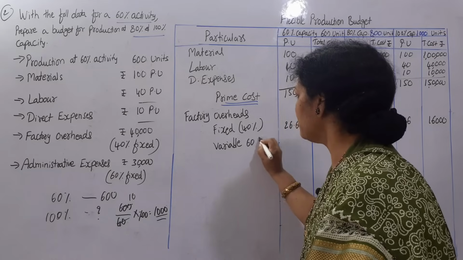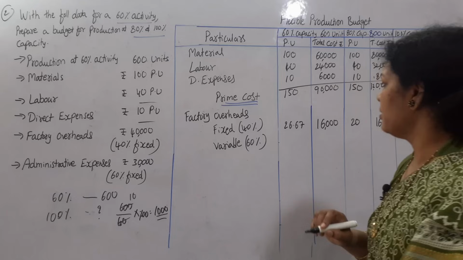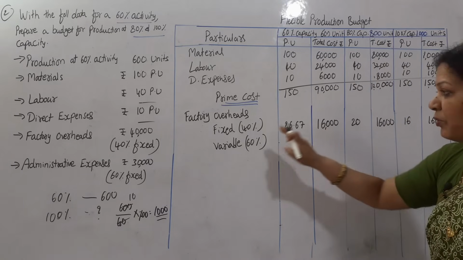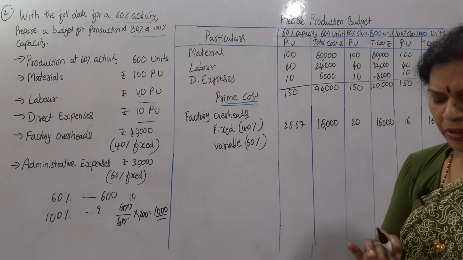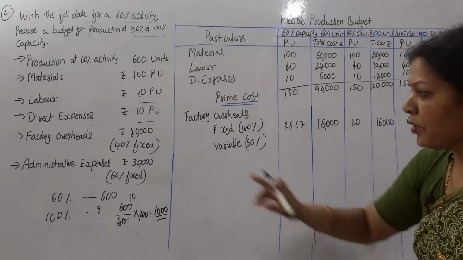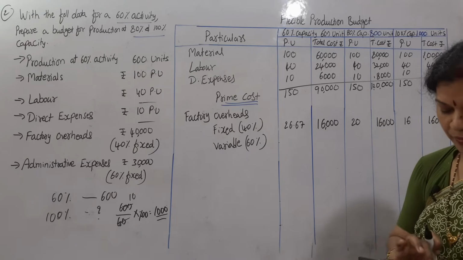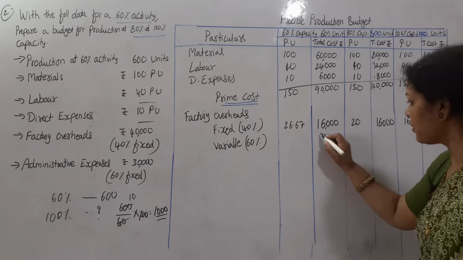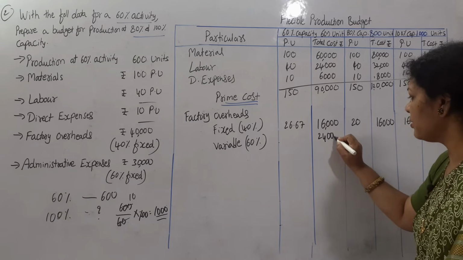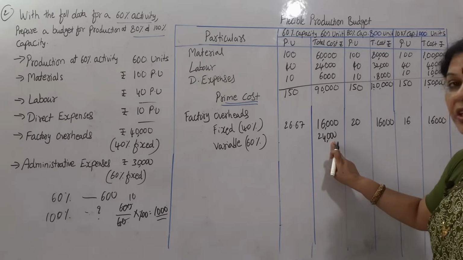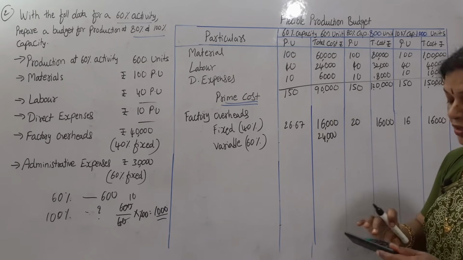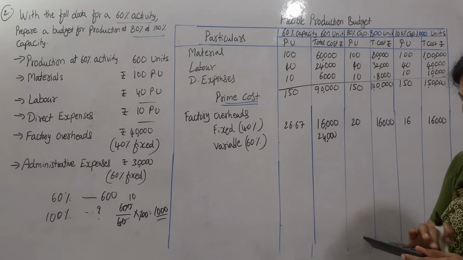Variable is here 60%. Rest of the amount out of 40,000. If you want you can calculate and see, 40,000 into 60% comes to 24,000. Now per unit how much? How do you get it? 24,000 divided by 600.